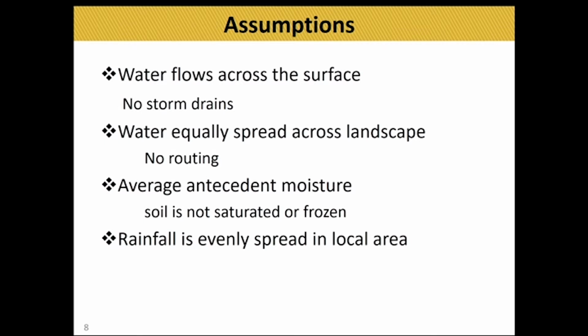We have a condition in the model called average antecedent moisture, and that basically means the ground in our model is not frozen. It's accepting the water. So if you've had 20 days of rain and you run one of these models, then you really won't have any more water go in the soil because it's already saturated.